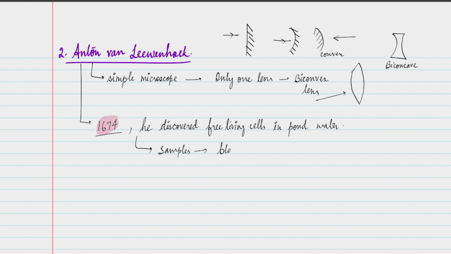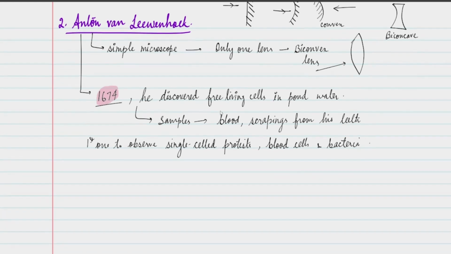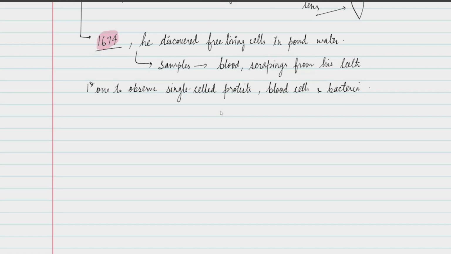Samples like blood, and scrapings from his teeth. So he is the first person to observe living cells, right? He observed single-celled protists, blood cells and bacteria. These two are the main contributors in the discovery of the cell.